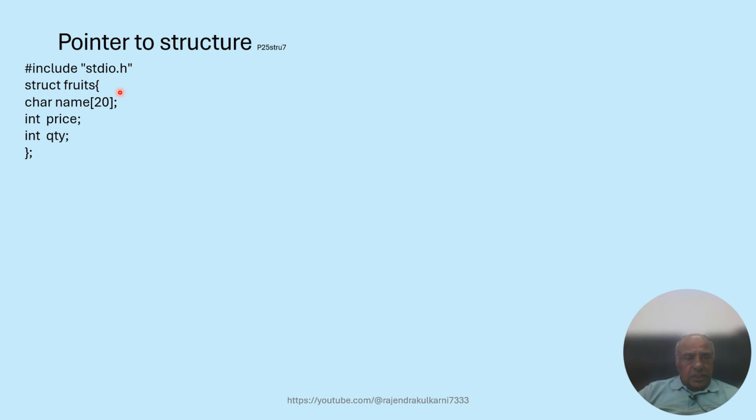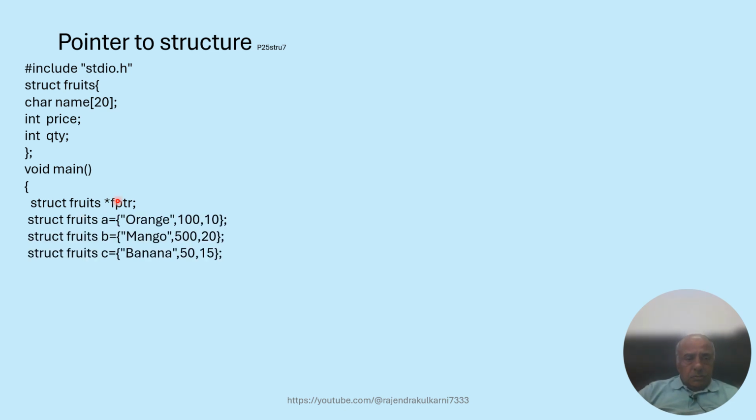Here we have declared a structure called fruits with 3 elements in it, name, price and QTY, which is an abbreviation for quantity I used. Then we go for a main program. What we have declared here is struct fruits star FPTR. So FPTR is the pointer of type struct fruits.